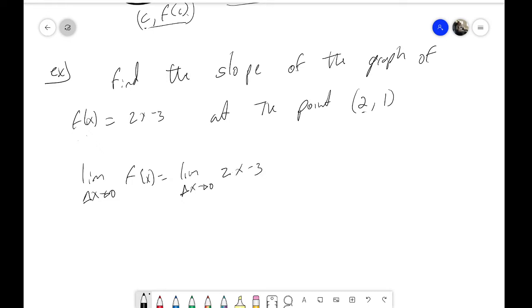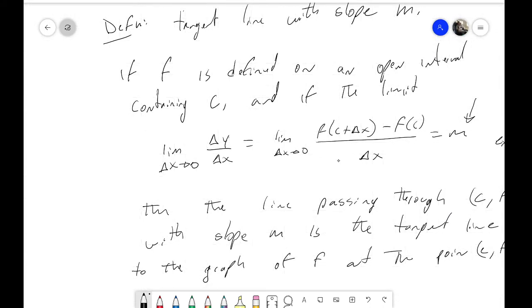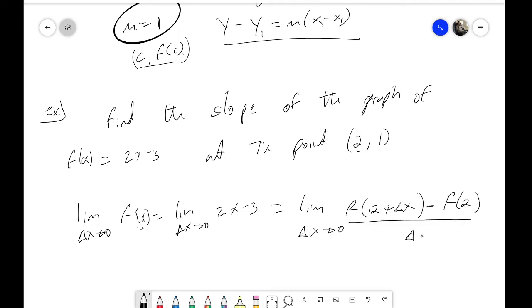But now if we substitute f of x with the formula up here, then the limit is equal to f of c plus delta x minus f of c over delta x. So we have the limit as delta x goes to 0 of f of, in this case c is 2, so 2 plus delta x minus f of 2, divided by delta x.